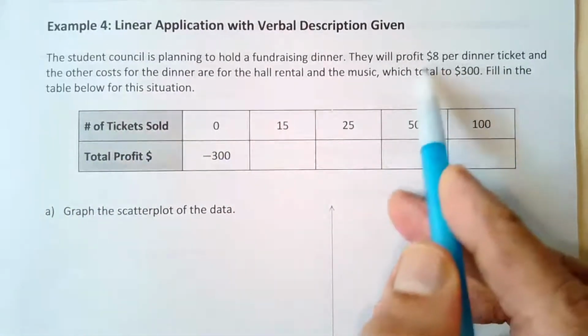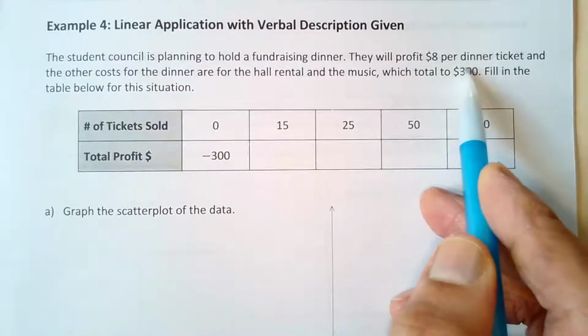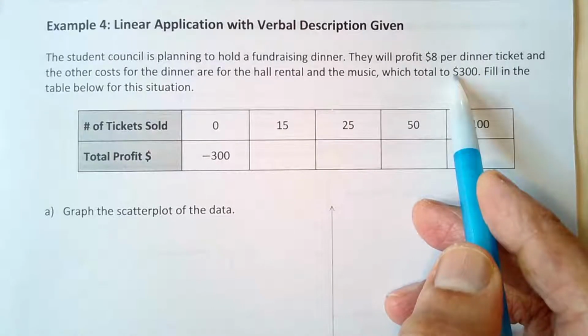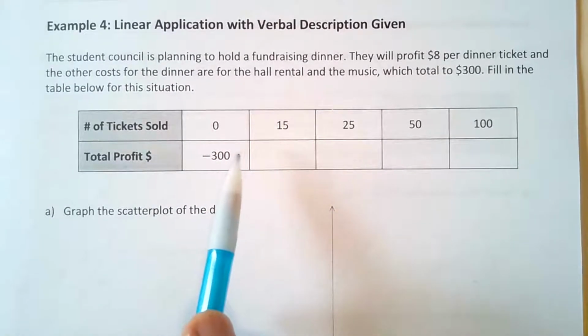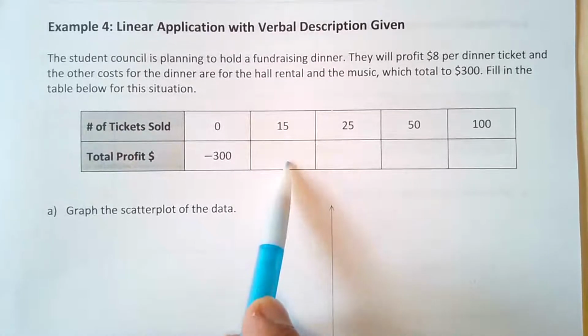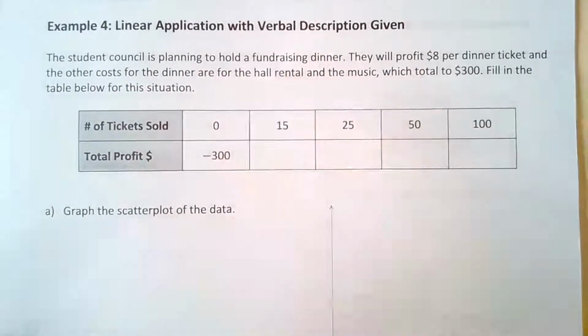They have to pay this for the hall rental and the music. So this is money they will spend. They won't make any profit. So based on the number of tickets sold and the down payment, that will determine the amount of profit they'll make. They want to make some money. That's the idea of fundraising.